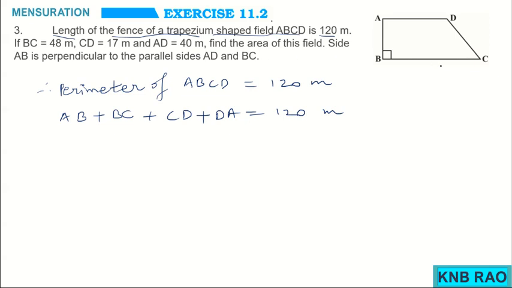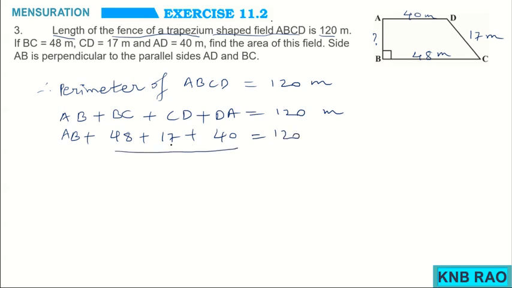Whereas BC side is of 48 meter and CD is of 17 meter and DA is of 40 meter. On substituting them, we get AB length, which we don't know. Here AB we are keeping as it is, substituting BC length as 48, CD as 17, DA as 40 which is given, equals 120.